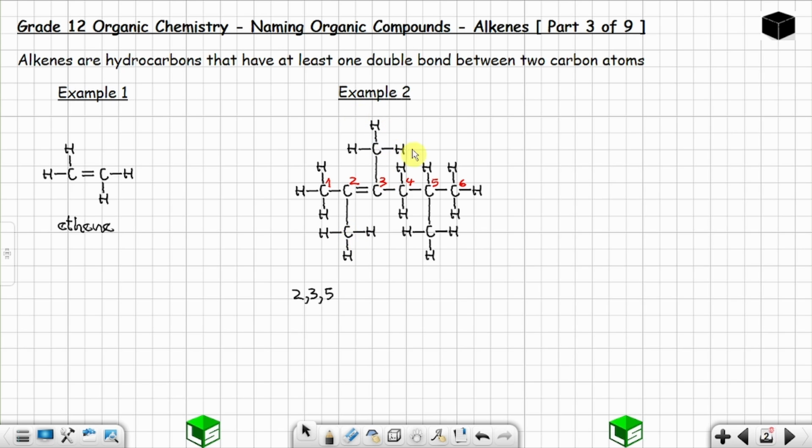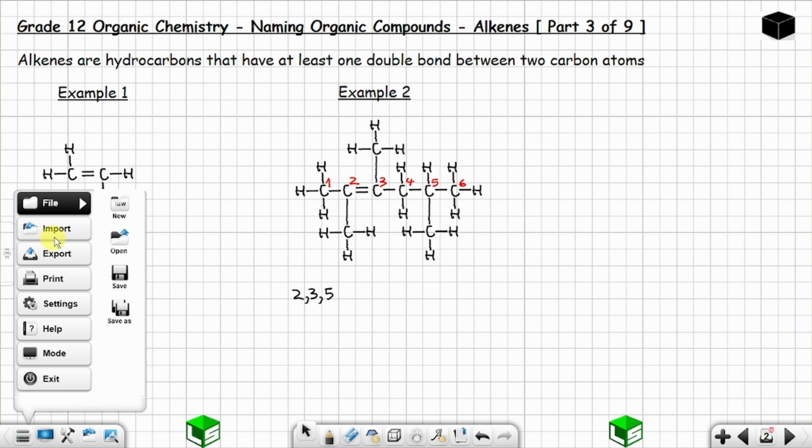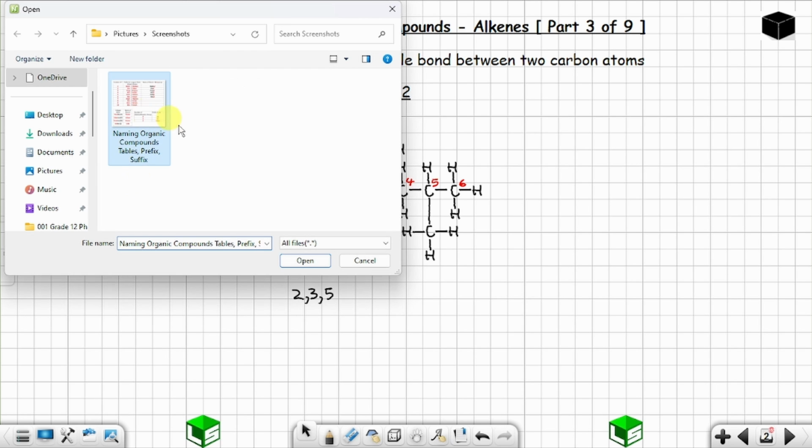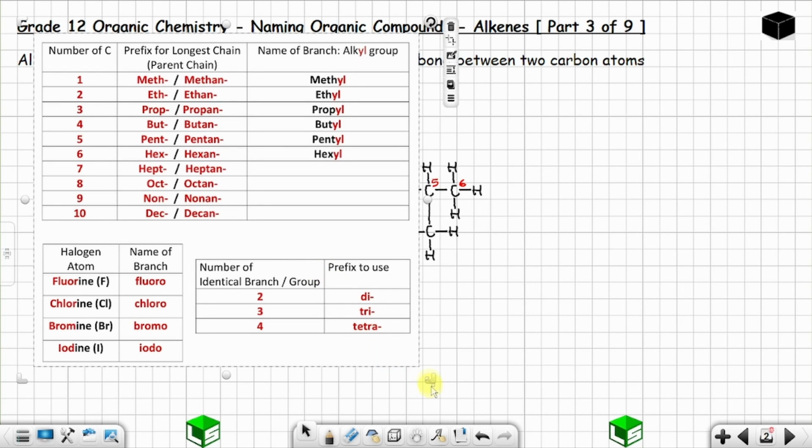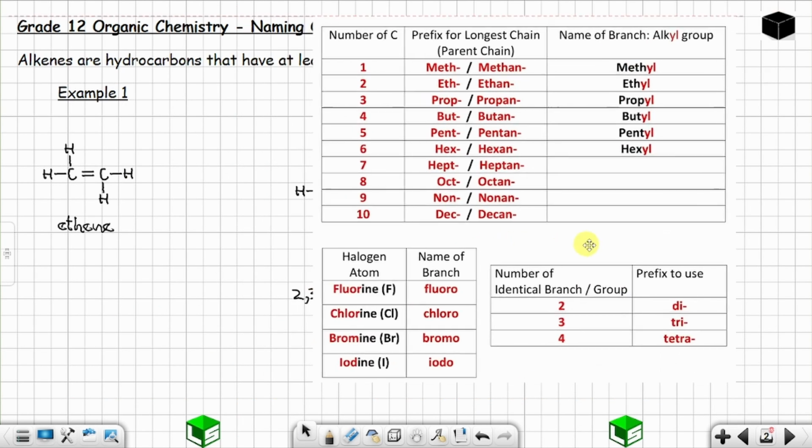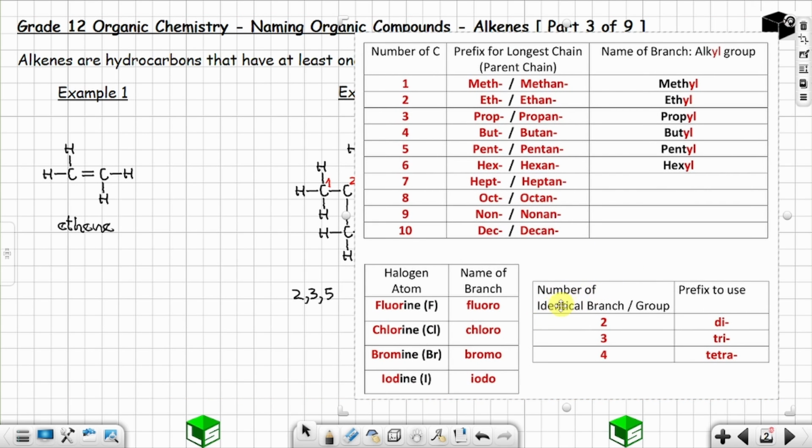1, 2, 3. We are going to use the prefix tri because we have 3 groups. You can see that on the table. We have 3 branches, so the number of identical branches matters.